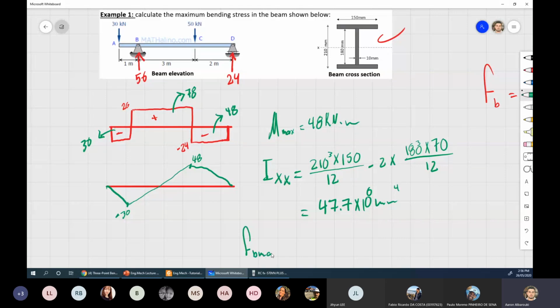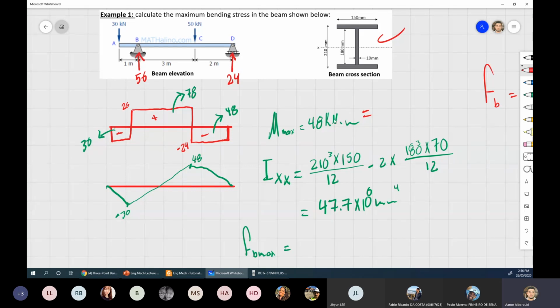F max equals M. Now, keep in mind, guys, this is 48 kilonewton meter. Can I have everyone's attention on this one step, please? So I can rewrite this to keep all my units uniform.